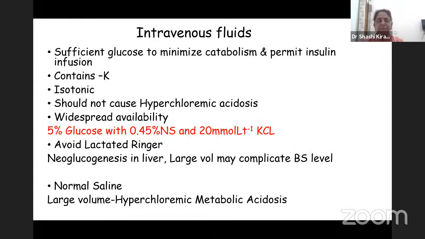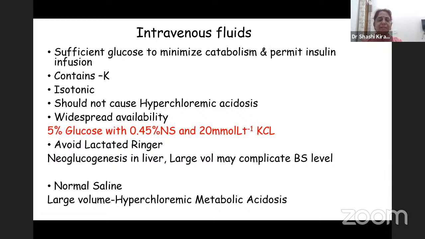Again, a controversial issue is what IV fluid should be used perioperatively in a diabetic patient undergoing surgery. The characteristics of an ideal IV fluid are that it should provide sufficient glucose to minimize catabolism and permit insulin infusion. It should contain potassium. It should be isotonic. It should not cause hypochloremic acidosis.